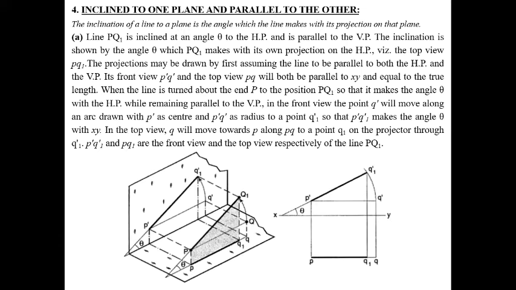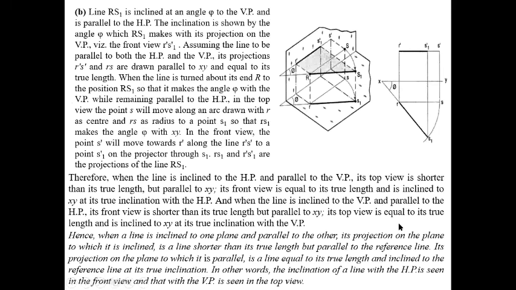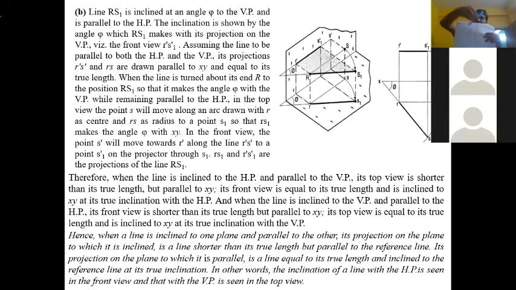Second case, if a line is at an angle with the VP, suppose this is the VP, and it will be at an angle. The true direction is always shown on the top view. So first we draw the top view, and the angle will be given.